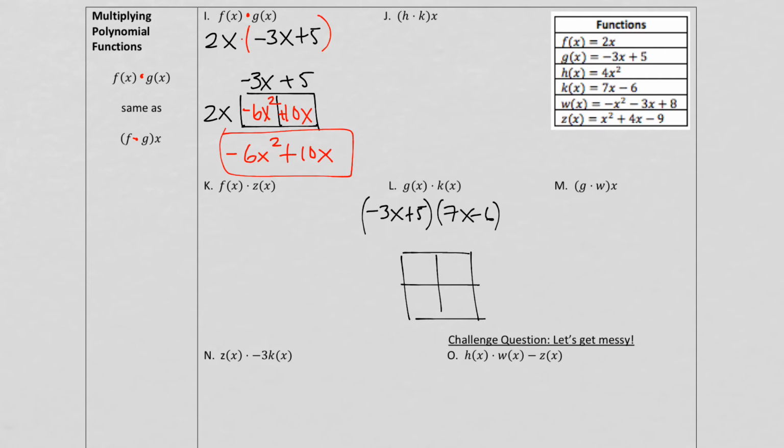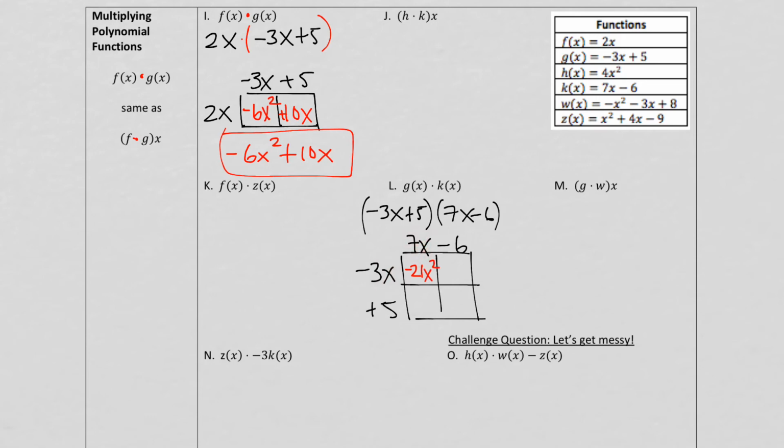And again, every term will get a side here, so I'm going to put minus 3x plus 5 here on the rows. So I'll put minus 3x on this first row, and then plus 5 on the next. And here over the top, I'm going to place 7x minus 6. So I'll put 7x on this column, minus 6 on this column. And I can now multiply. So again, multiplying, everything multiplies, exponents change. So here 7 times negative 3 is negative 21. And then x times x is a list of two x's, so it's x squared.